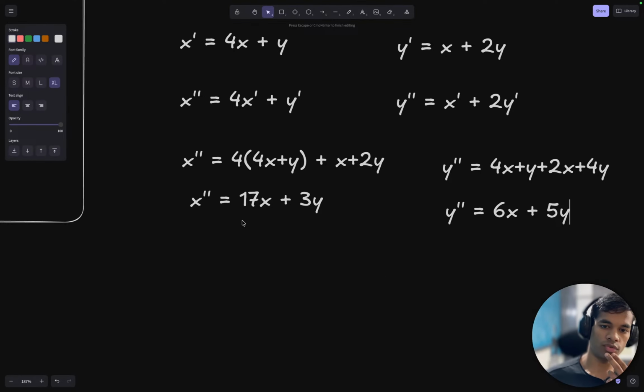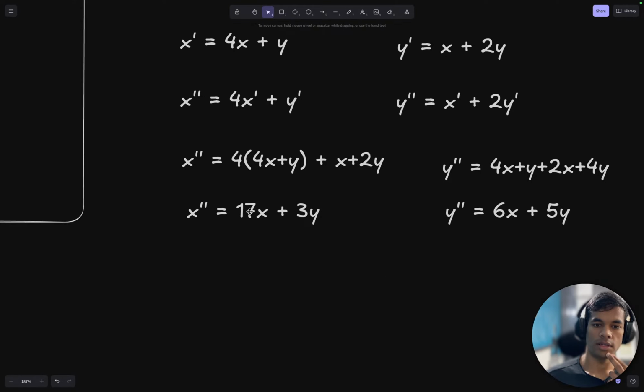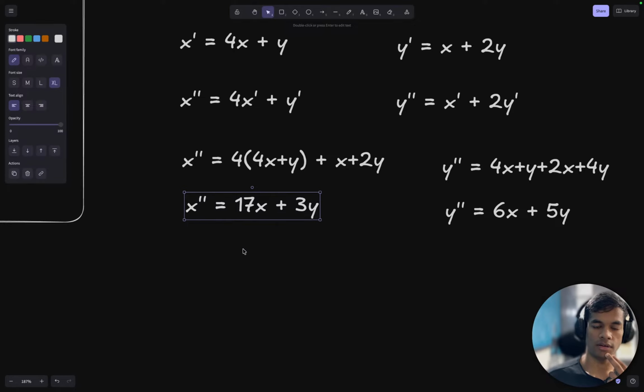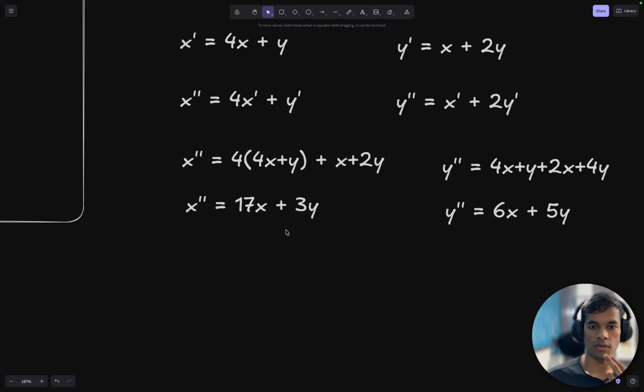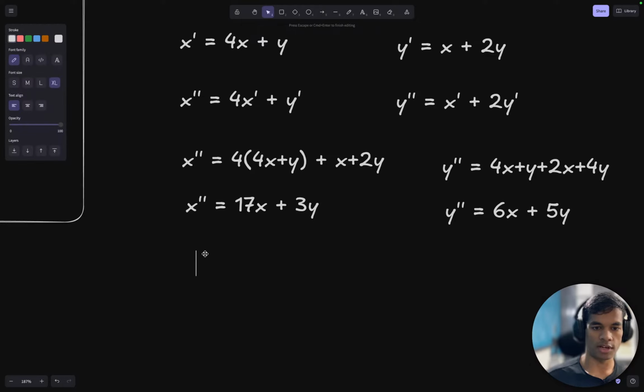Okay, so we have to see how these numbers are increasing. 17. Let's go one step further.